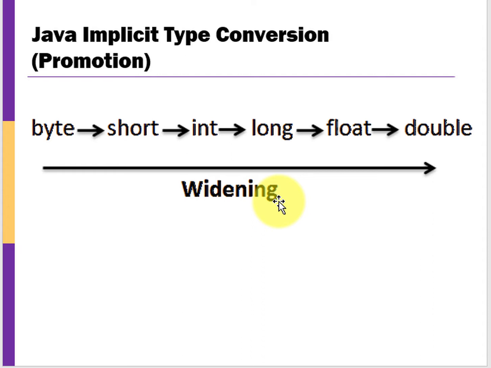This is implicit because there's really not much risk associated with doing this. If you're converting something that has a narrower range to something with a greater range, like for instance a byte, which can go from minus 128 to positive 127, or 0 to 255, it has a very narrow range, just 8 bits, versus an integer that can store something like 2 billion and something.